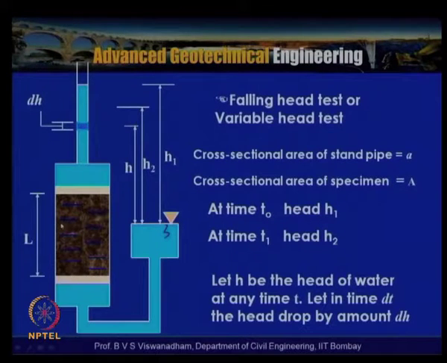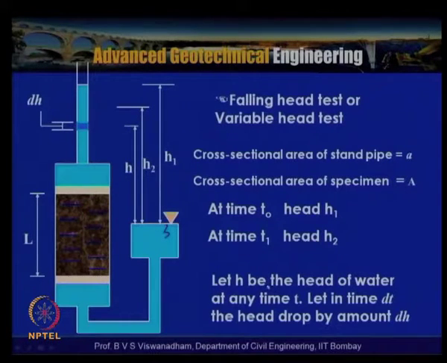Like the constant head test, in a given amount of time the head drop from H1 to H2 is measured. Here the cross section area of the standpipe is say a, and the cross section of the sample is say A. At time t0 the head is H1, and at time t1 the head is H2.